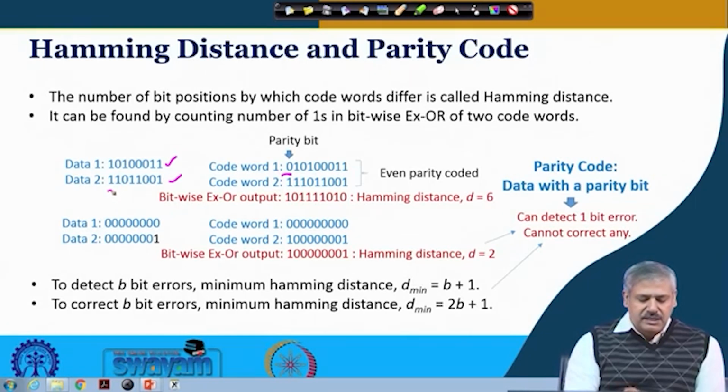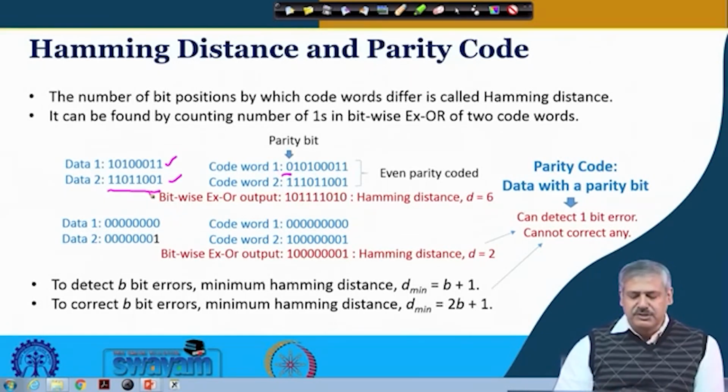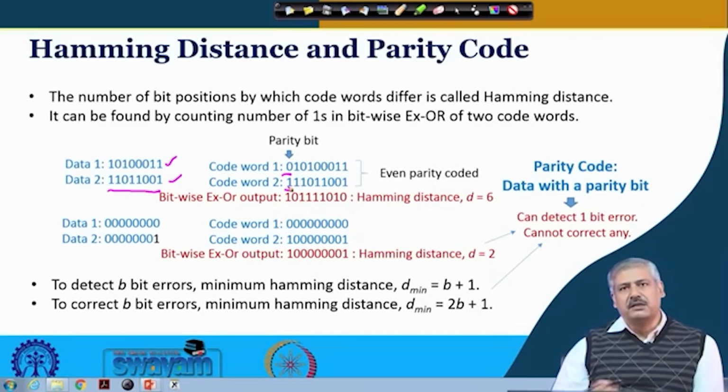And another data is this. It has got 5 ones, so the parity bit is 1, after XORing. We refer to that discussion on parity code, where XOR gates were used for generation and detection of the parity bit, related to errors in transmission and reception.